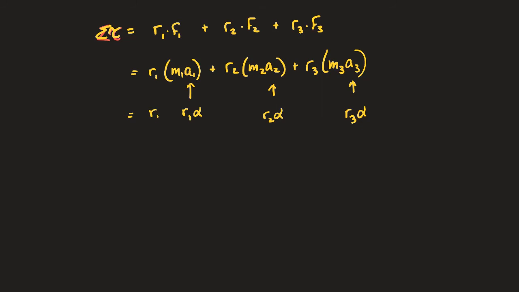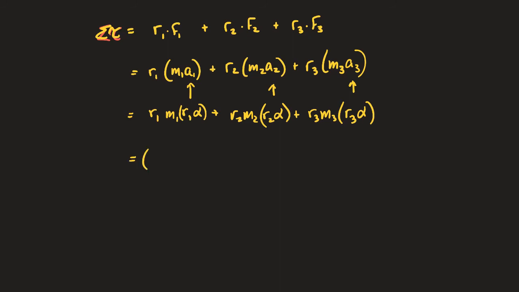That's going to be R1 times M1 times R1 alpha, plus R2 times M2 times R2 alpha, plus R3 times M3 times R3 alpha. Now, the only thing that is the same for all of them is alpha. Everything else is dependent on that mass and where it is.